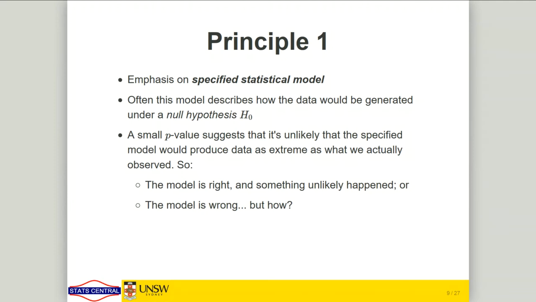The other possibility, if you find a small p-value, of course, is that the model is wrong. But how is the model wrong? There's a famous quote in stats that says all models are wrong, but some are useful. But there are lots of ways that our model could be wrong: the assumptions, the distribution of the outcome. But when we see a small p-value, we usually assume that it means that the H0 part of the model is wrong, and we take this as being evidence against the null hypothesis. And that might also be the right decision.